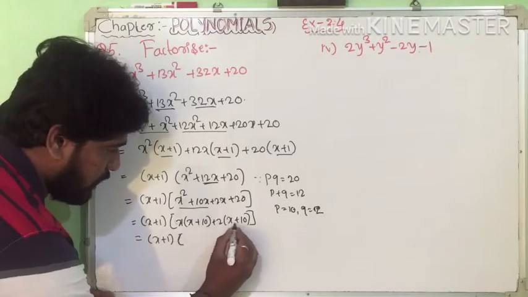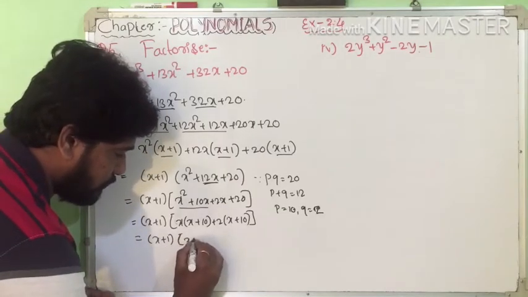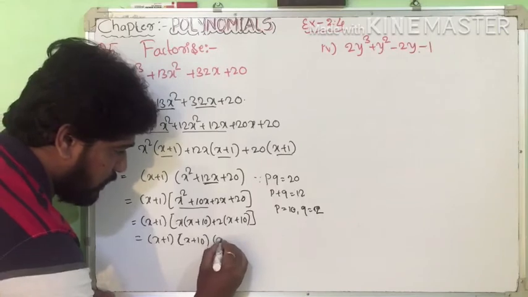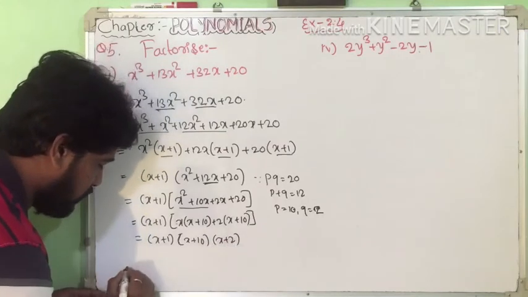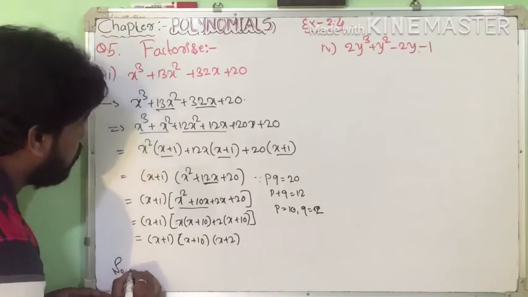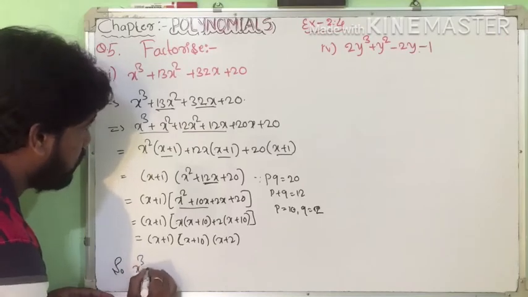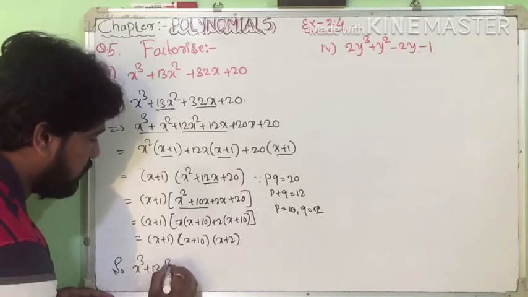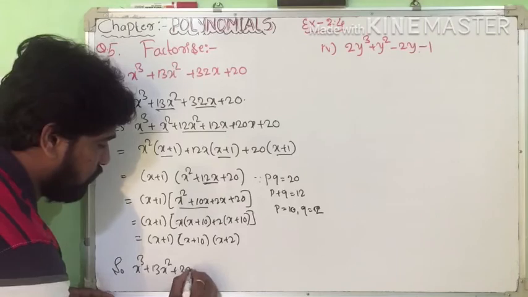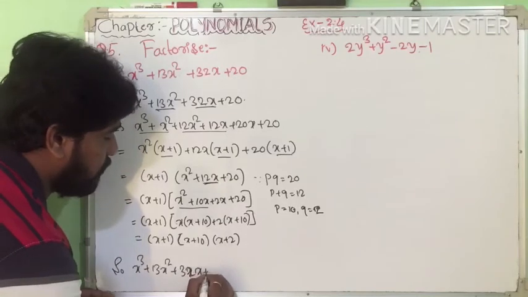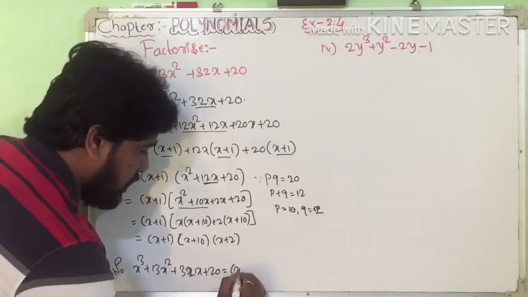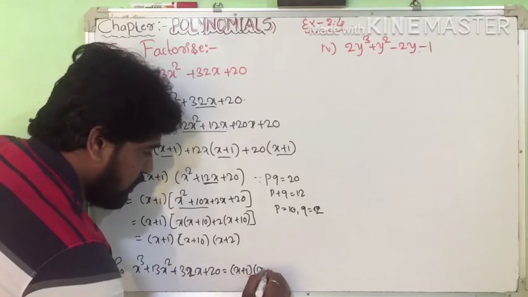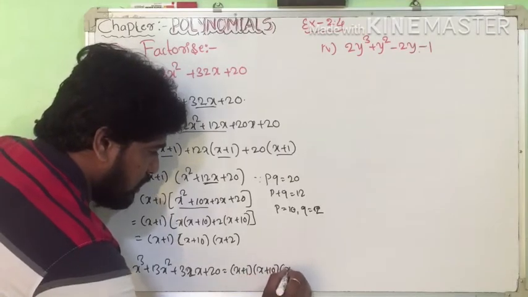So here we take x plus 10 as a common, so remaining x plus 2. Right? So what they gave? x cube plus 13x square plus 32x plus 20 is equal to x plus 1, x plus 10, x plus 2.